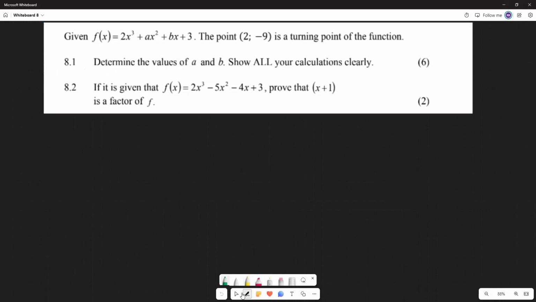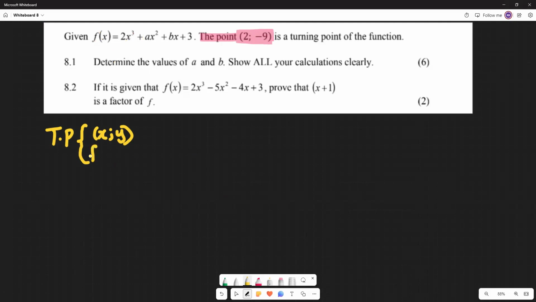Okay, ladies and gentlemen, so here we're finding the equation of a cubic function, basically. And then the turning point. You must know it's very important. You're going to use it twice. You substitute it into the function where you put your y here, your x there.